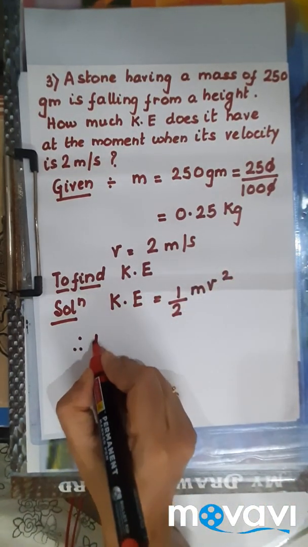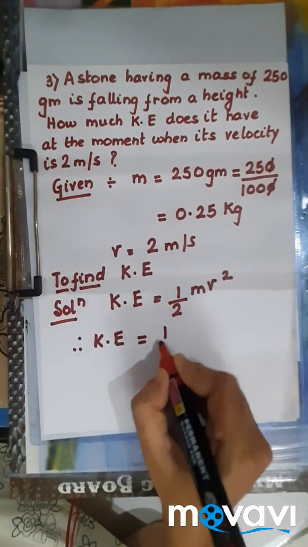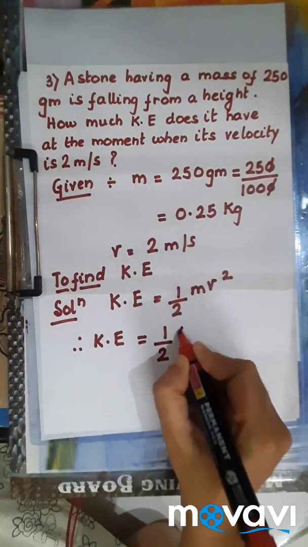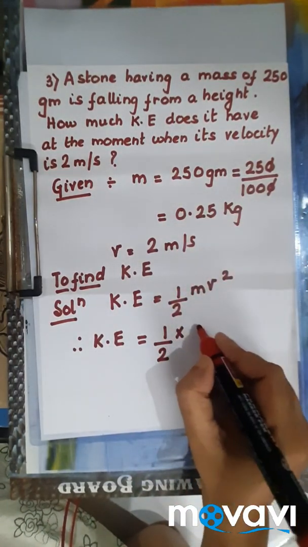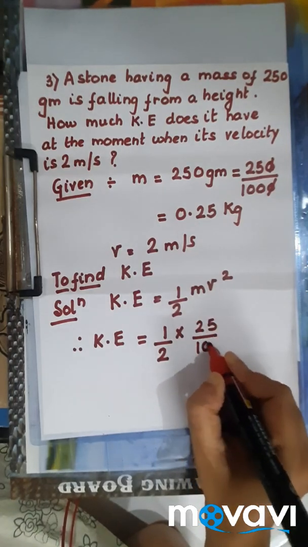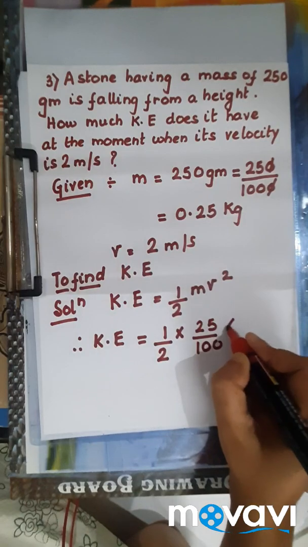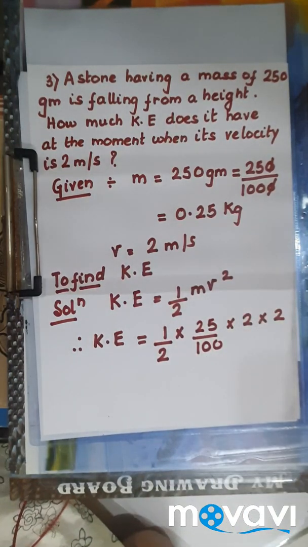Do I know kinetic energy? No, I have to find it out. So it's on my left hand side, right? Half. What is mass? I can take as 0.25, but I prefer taking it as 25 upon 100. It becomes easier for calculation. Into 2 into 2. Is that clear?